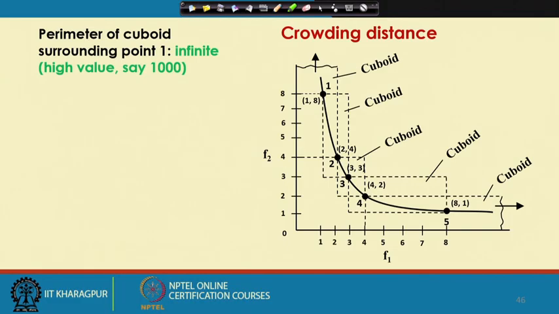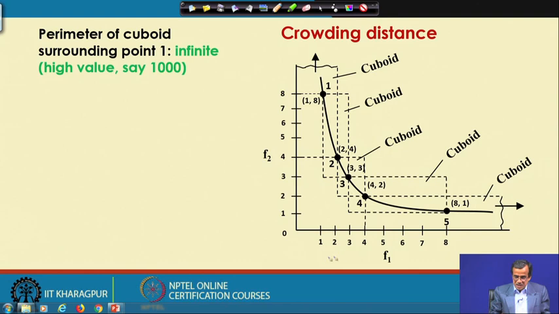Now, to explain the working principle of crowding distance, let me solve one numerical example. This is a very simple example, and once again the problem is to minimize the two objectives f1 and f2.